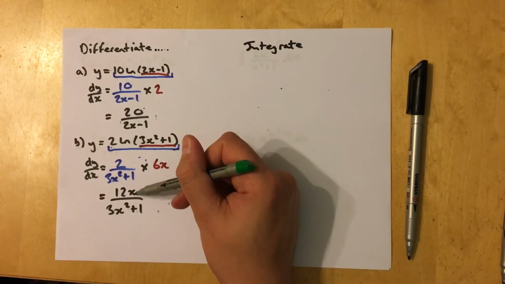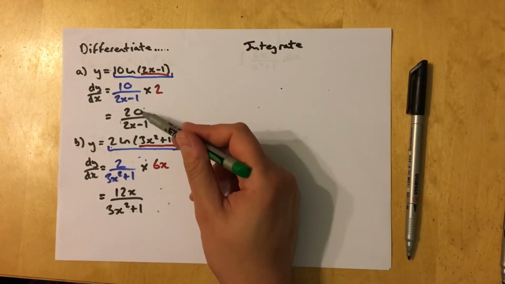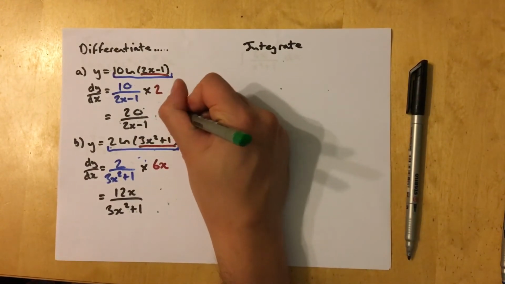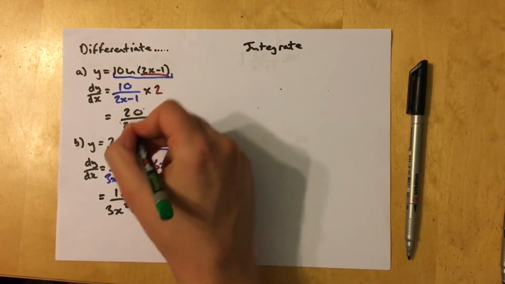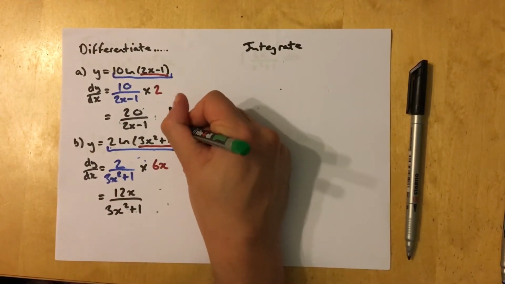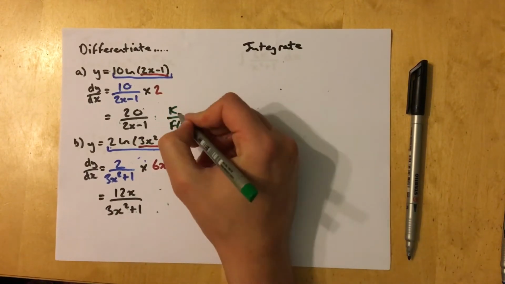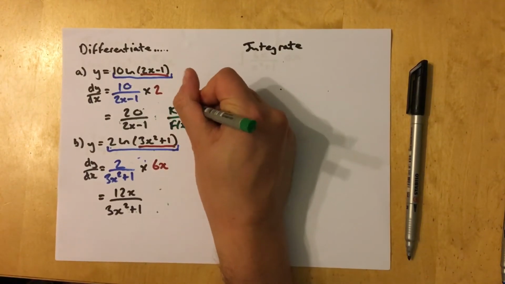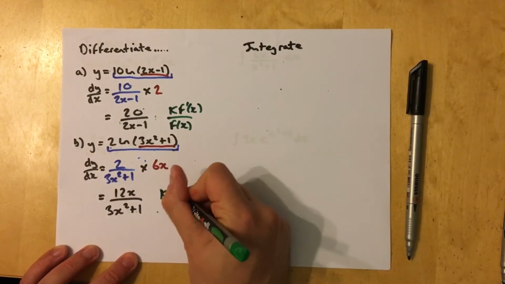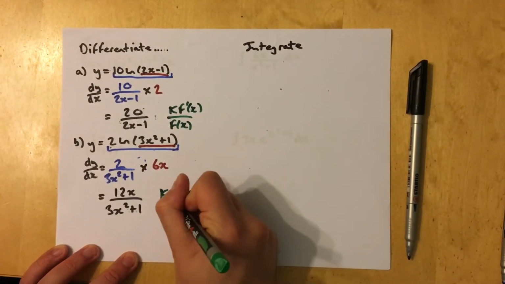It isn't the exact derivative in both cases, but it is a multiple. So the form we're looking for is that our inner function is preserved in the denominator. We're going to have f of x in the denominator, and then in our numerator we've got a multiple of the derivative of that inner function. Both of these conform to that form.